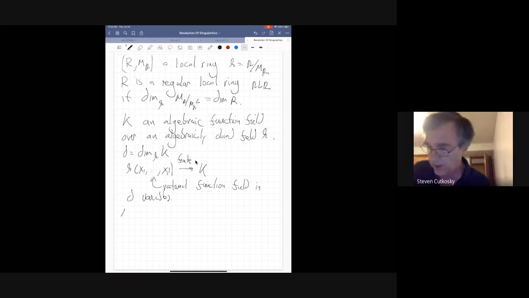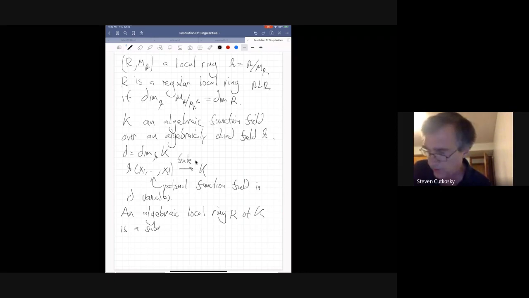Okay, so a notation which Abhyankar used, which I find very useful in this subject, is the concept of an algebraic local ring of a field.